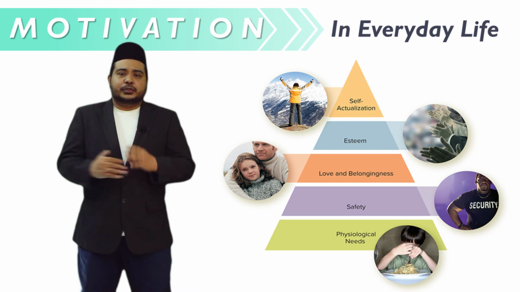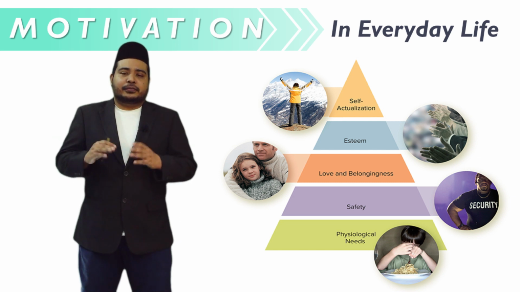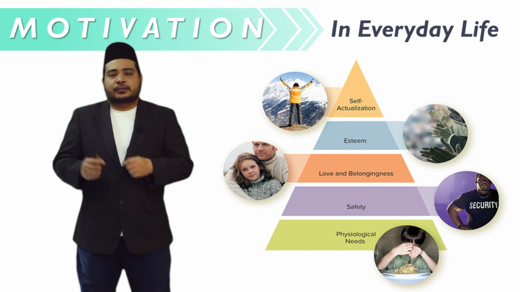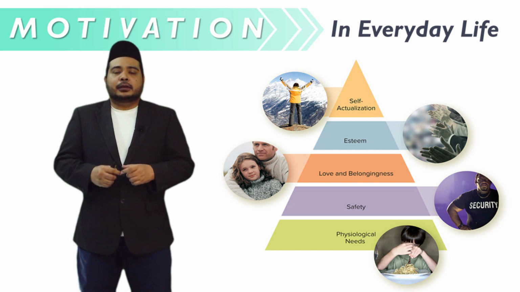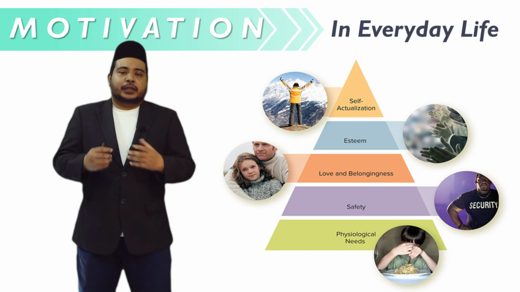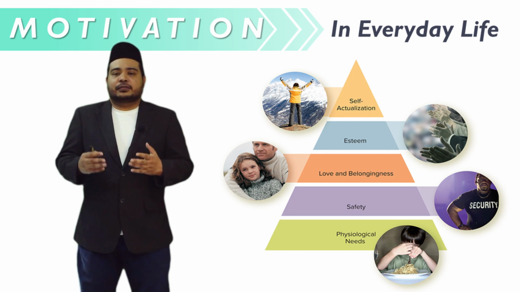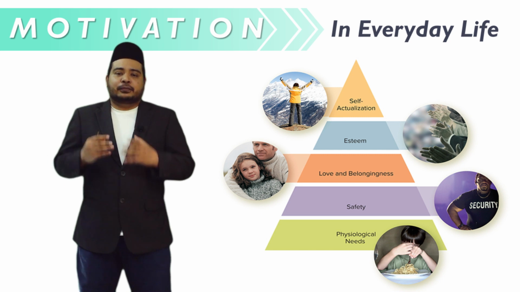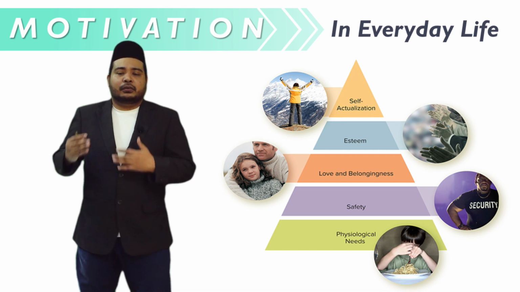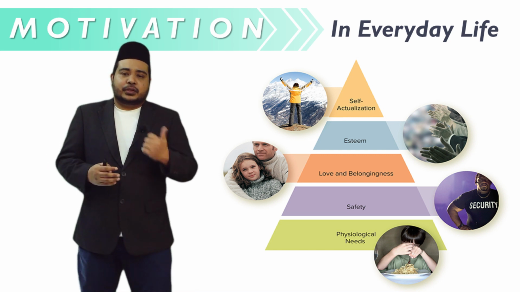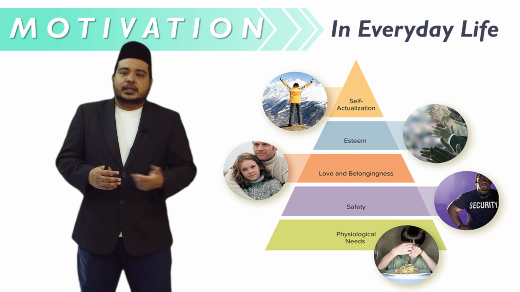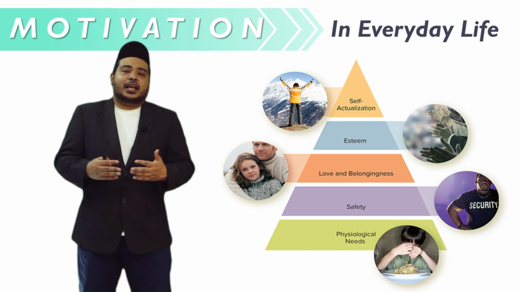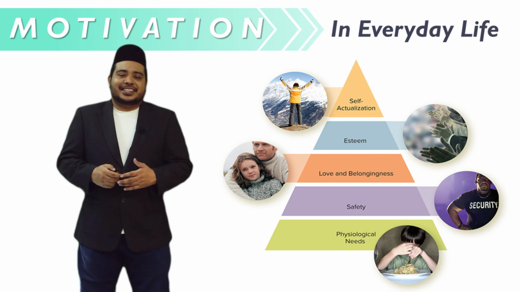The highest level of needs, the strongest aspect of motivation, is to achieve self-actualization, to be able to fulfill our potential, to be the best version of ourselves. But in order to do that, we must fulfill the lower levels of needs first, which are physiological needs, safety needs, love and belongingness needs, as well as self-esteem needs.